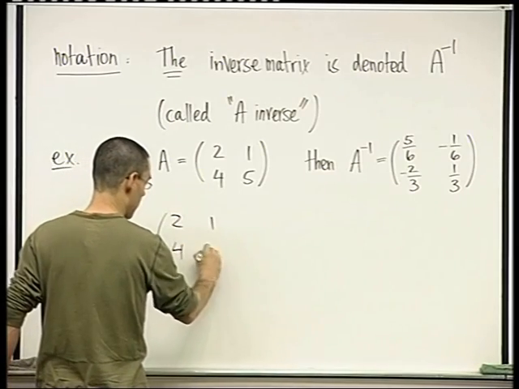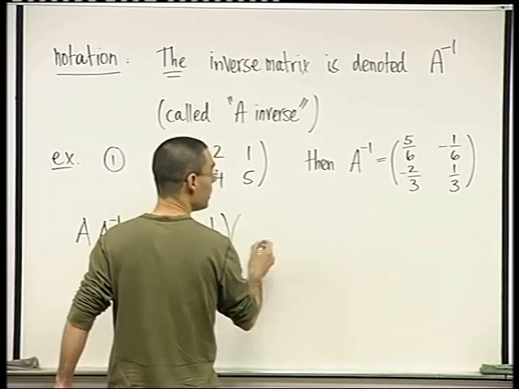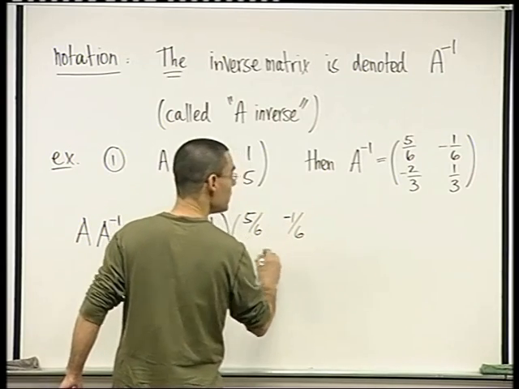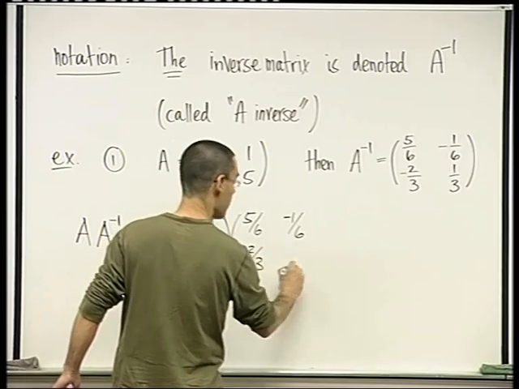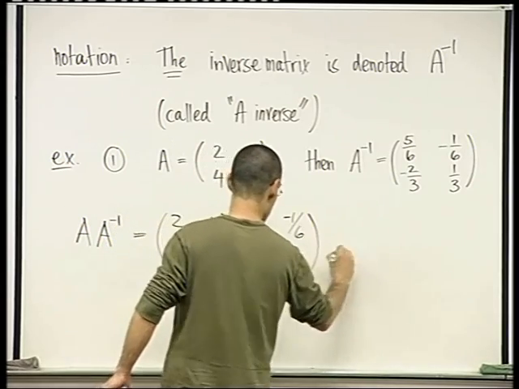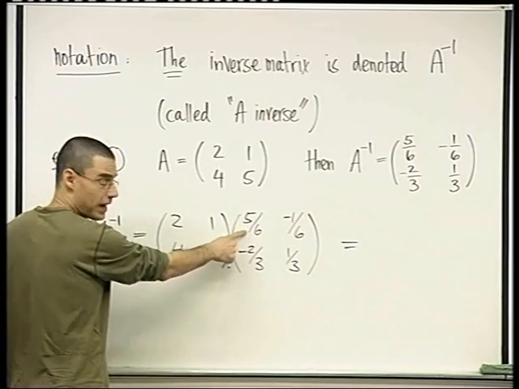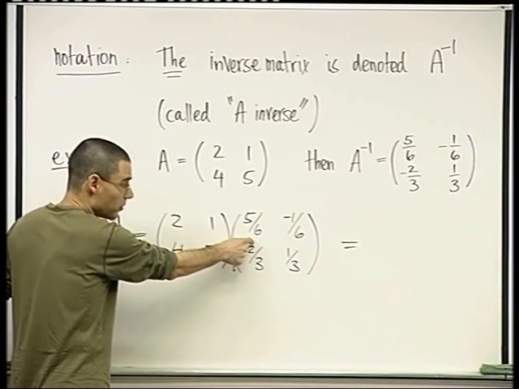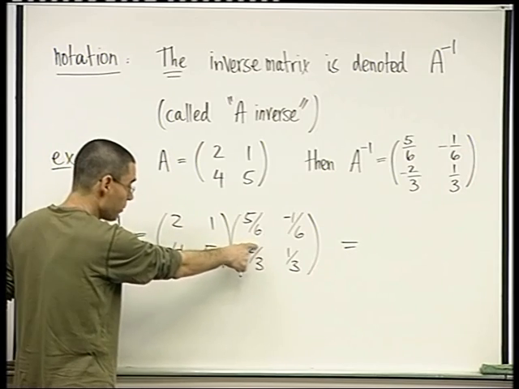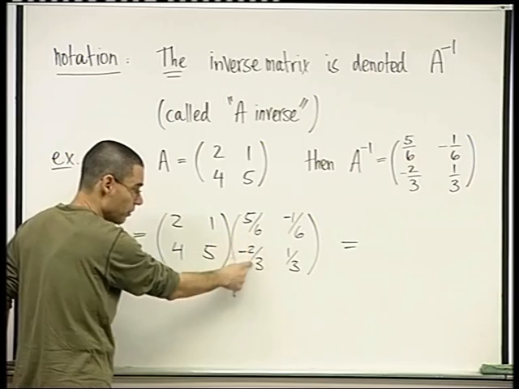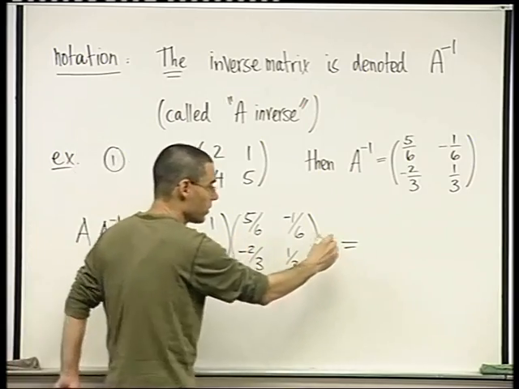And this is just a matter of calculation. We know how to multiply matrices. So let's do it slowly and see what we get. So 2 times 5 over 6 is 10 over 6, which is the same as 5 over 3, minus 2 over 3. 5 over 3 minus 2 over 3 is 3 over 3.